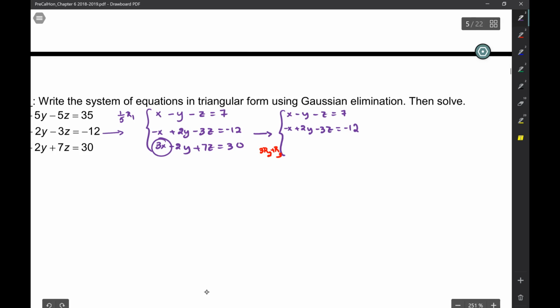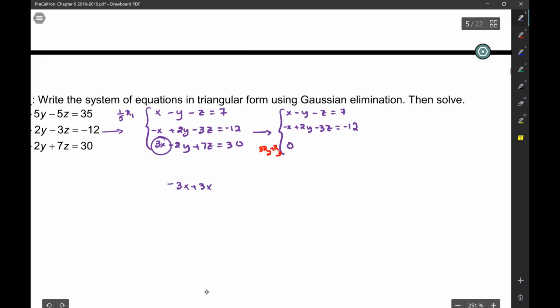So here's what I'm going to do. 3 times row 2, so that'll give me, this is my scratch work here, negative 3x plus 3x, 0. Then 3 times this one, so 6y minus 2y, positive 4y. Is that right?